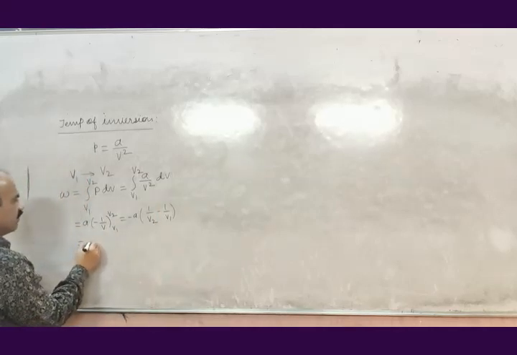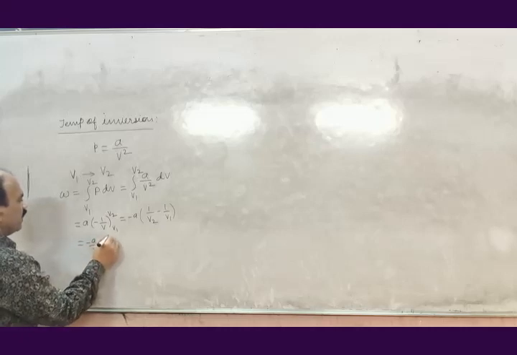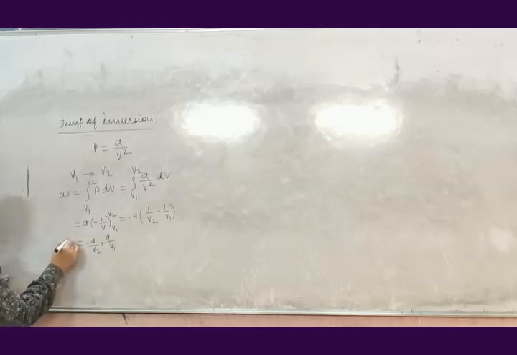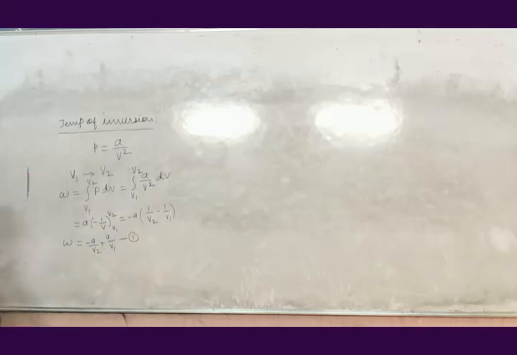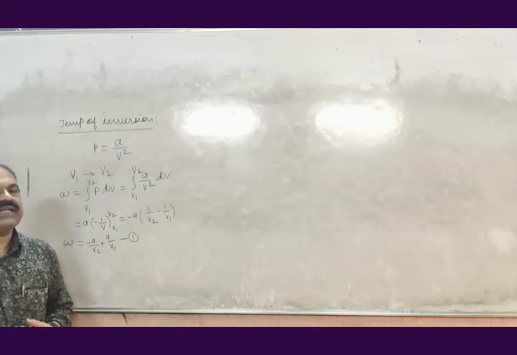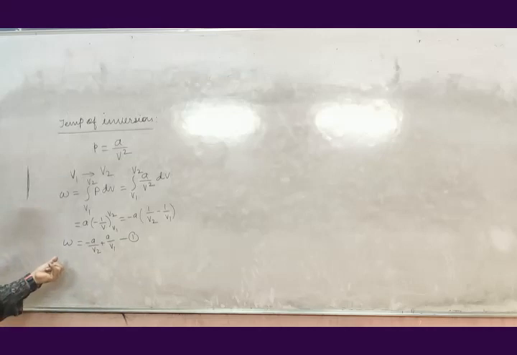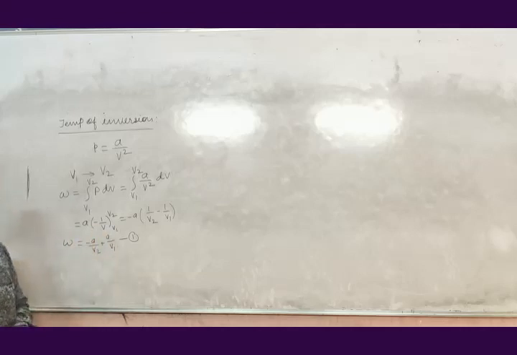This is minus A by V2 plus A by V1, the work done, equation number 1. The work done against molecular interaction in expanding the volume of the given gas from V1 to V2 is given by small w is equal to minus A by V2 plus A by V1.